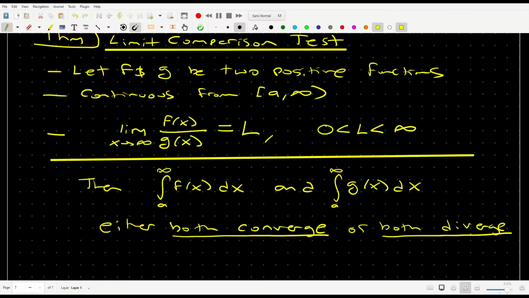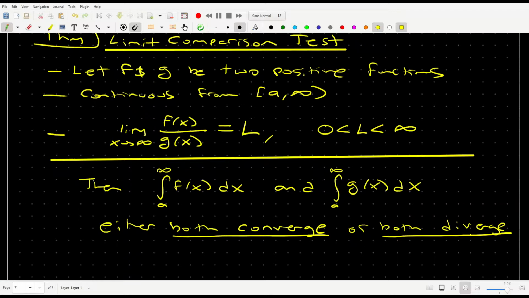So the idea then is that we have some function whose improper integral is very complicated to evaluate, so complicated that we don't want to really deal with evaluating the improper integral. So what we do is we find a simpler function. It's kind of based off of the complicated function, whose improper integral we know whether it converges or it diverges.